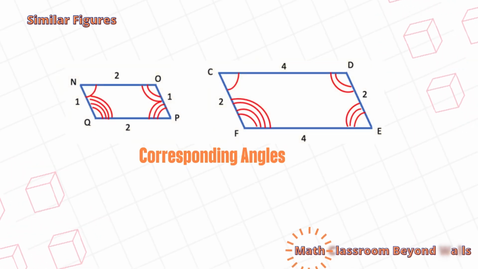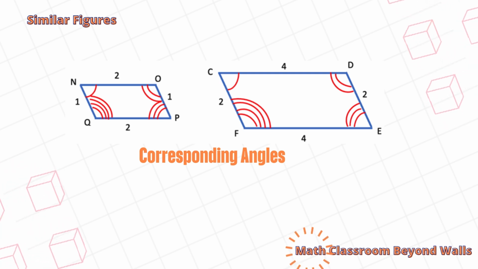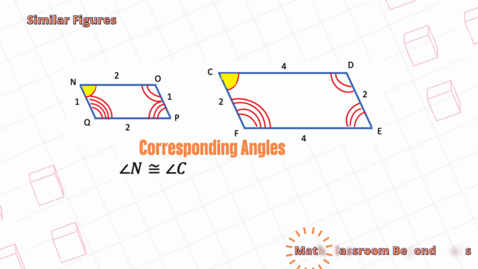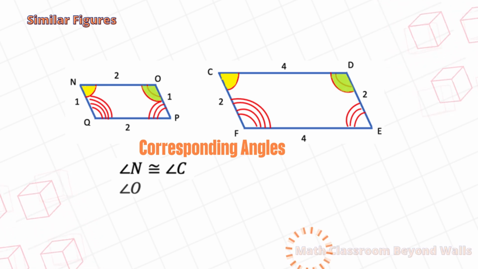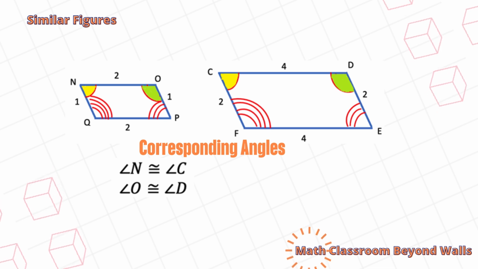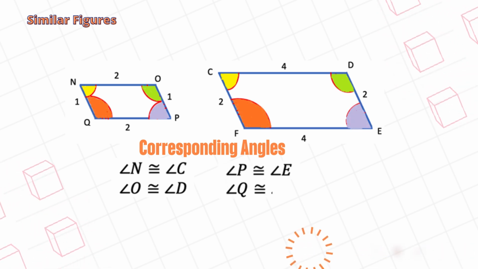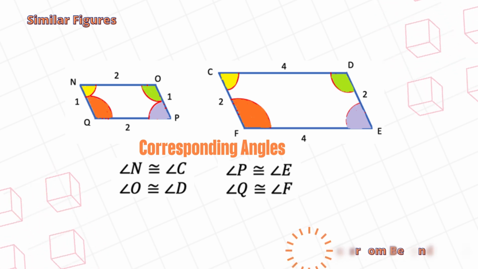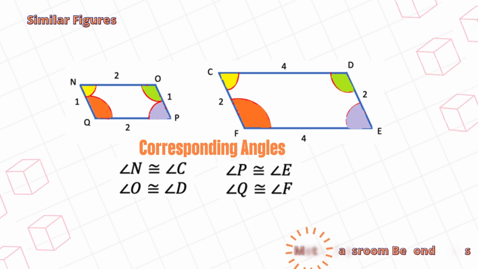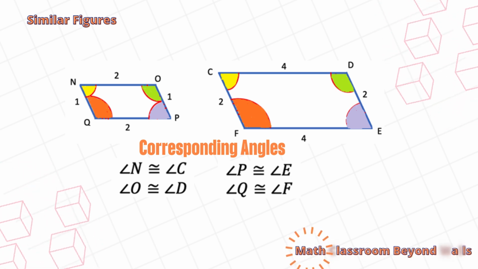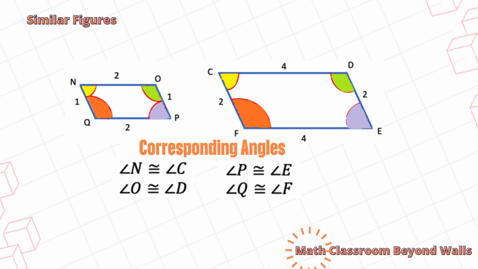The corresponding angles are congruent as shown by the same number of arcs. Thus, angle N is congruent to angle C, angle O is congruent to angle D, angle P is congruent to angle E, and angle Q is congruent to angle F. When the corresponding angles are congruent, that means that the corresponding angles have the same measures.